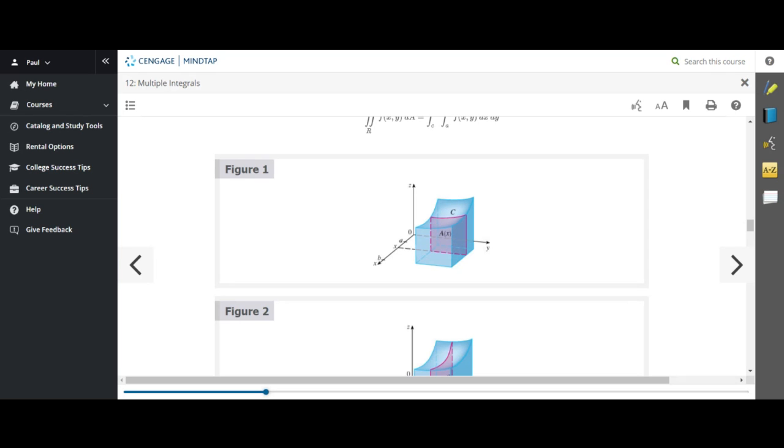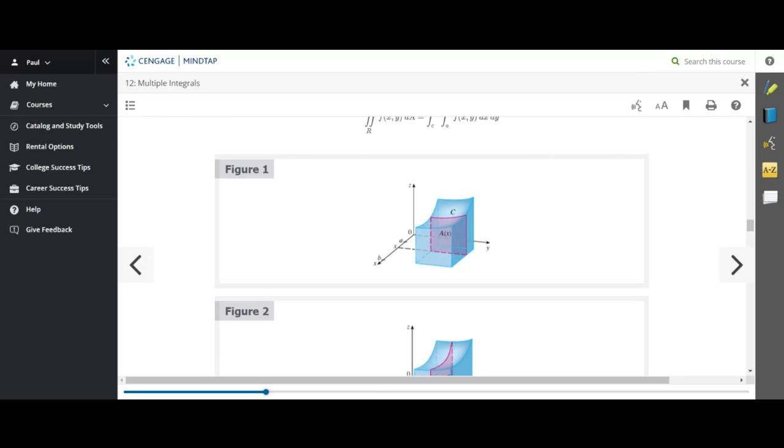They've drawn in figure one a red cross-sectional area, and that area will differ for different values of x. That's why you have the A of x there.